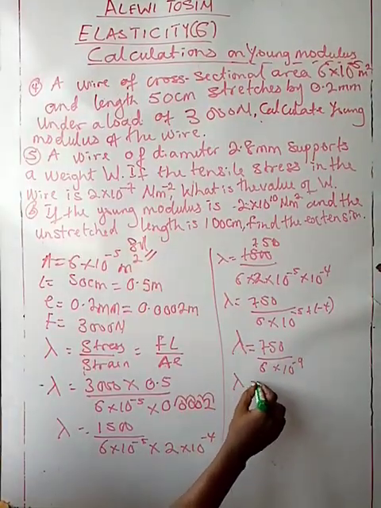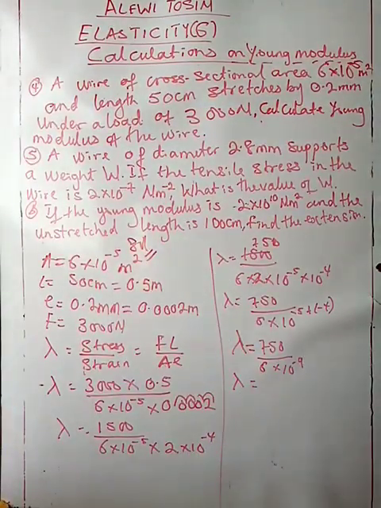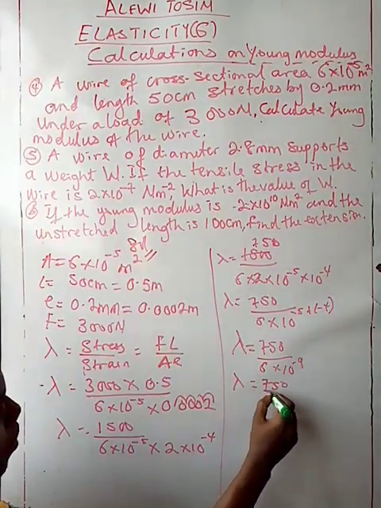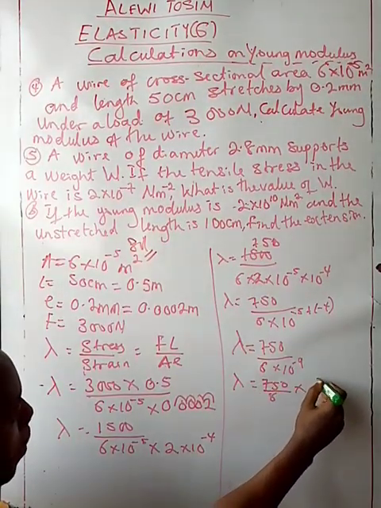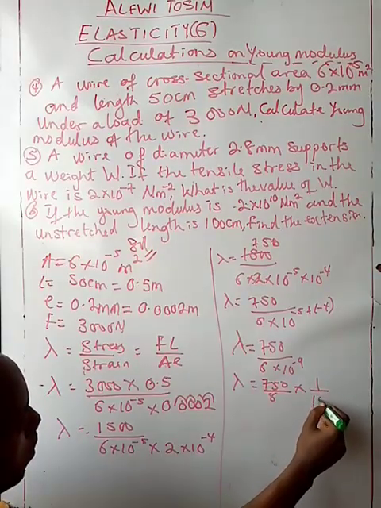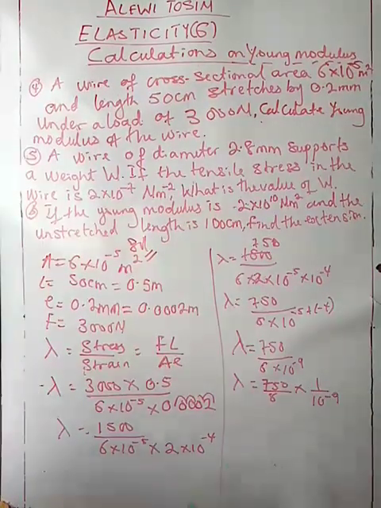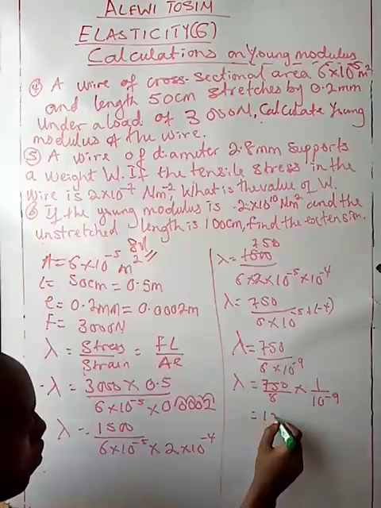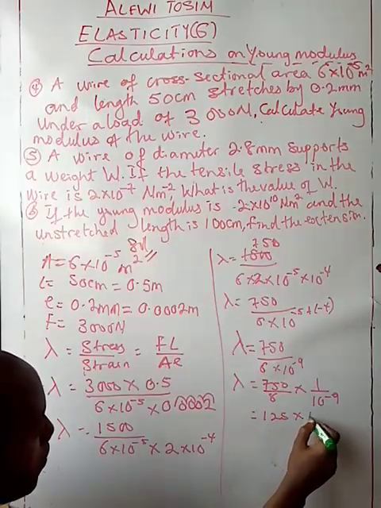Now with this, we can say this means 750 over 6 multiplied by 1 over 10 raised to power minus 9. So 750 divided by 6 will give us 125, times 10 raised to power.